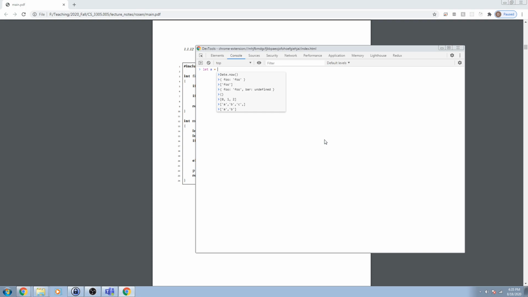So let A equal 5, let B equal 10, A plus B, right? And as simple as that, you're programming, or you're writing executable code, and so for that reason, the examples will tend to be in JavaScript, especially whenever they're ad hoc.